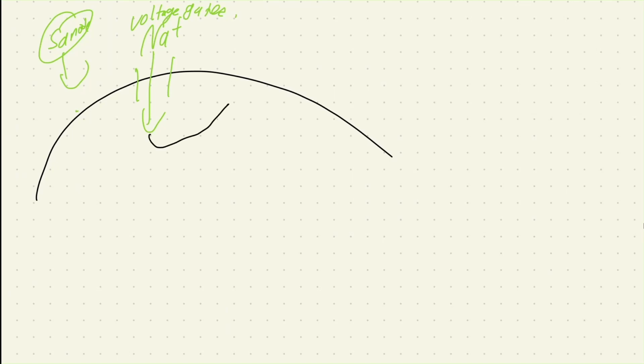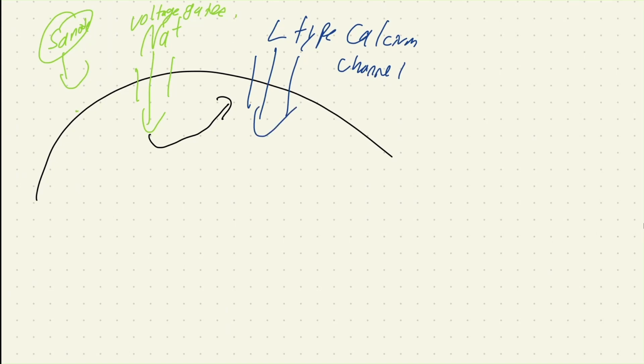This will open another channel called the L-type calcium channel, which will also allow calcium to come in. What this calcium is going to do is connect to the sarcoplasmic reticulum, and it's going to bind right there.